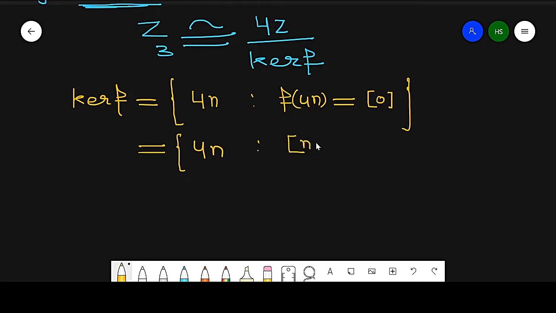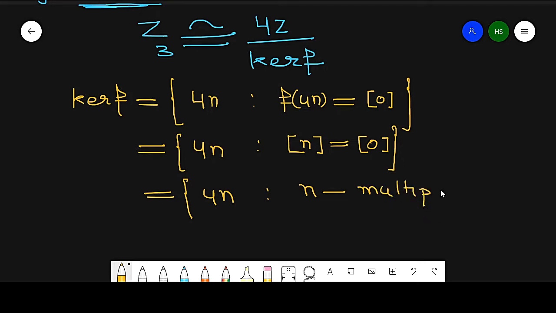This is the residue class of n, which is equal to the residue class of 0. This means n is a multiple of 3, so every multiple of 3 is the identity element, the 0 element.